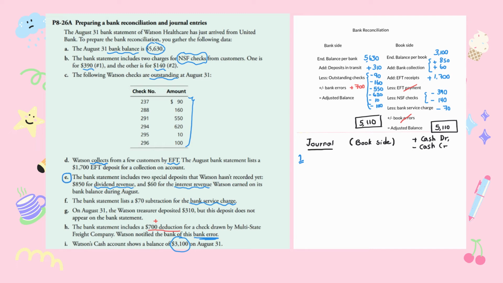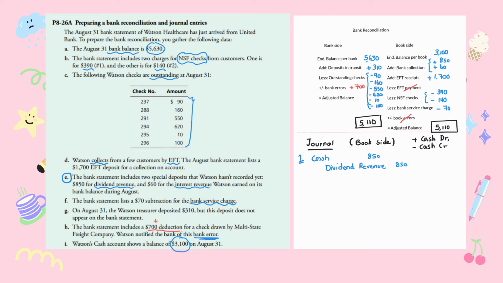The bank statement includes two special deposits that Watson has not recorded yet. 850 for dividend revenue and 60 for interest revenue. So I'm adding this amount, so I'm increasing cash. So cash will be in the debit side for 850, so 850 for cash, and for dividend revenue 850.